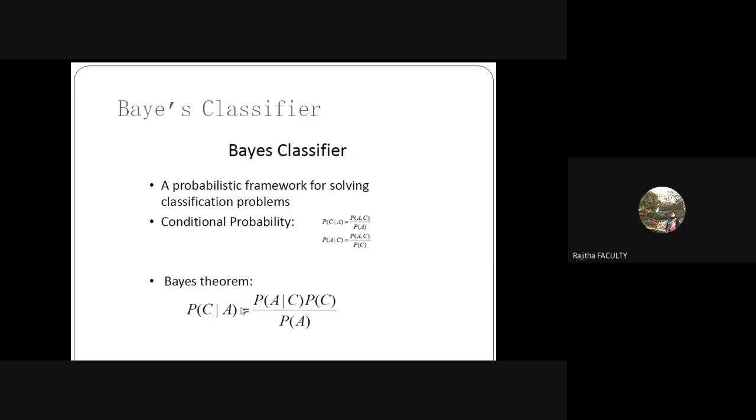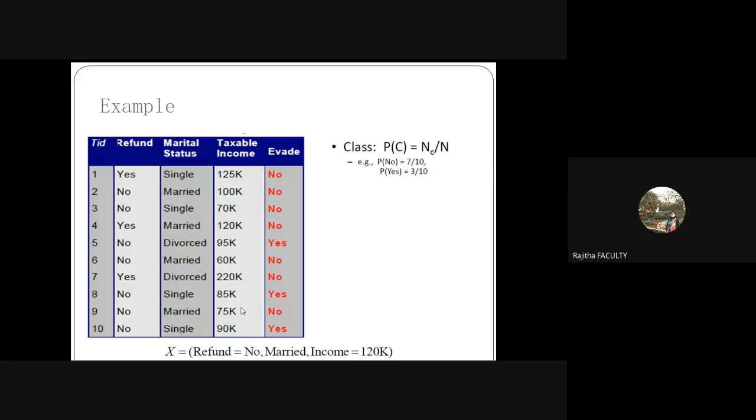We use the concept based on probabilities. So suppose I'm taking the same data, now it has to first find the probability of class yes and class no. Now we observe there are 3 yeses and the remaining 7 are no's.